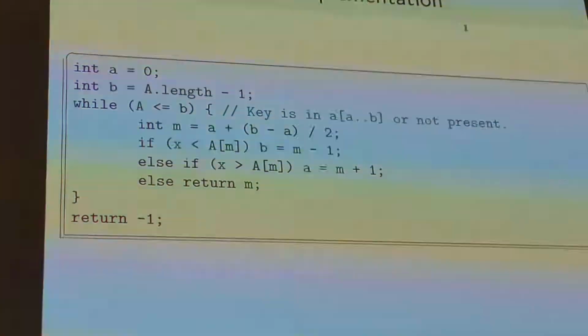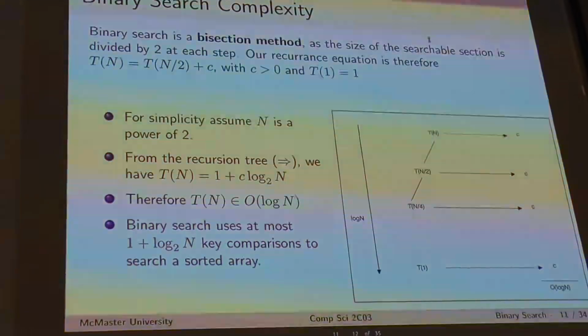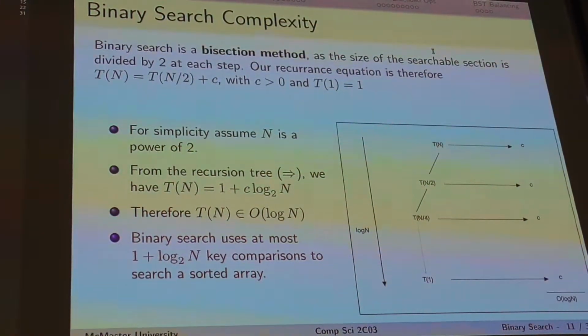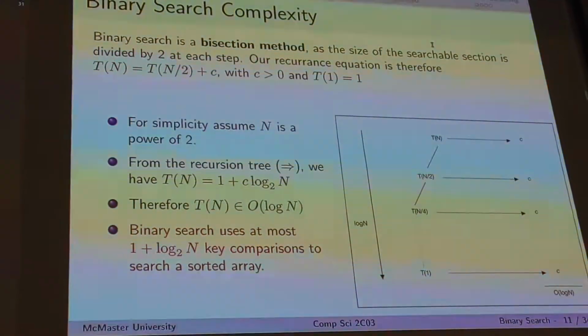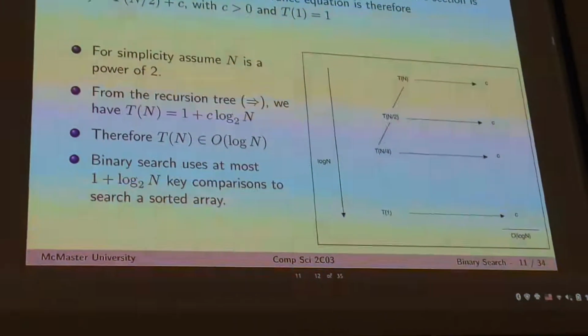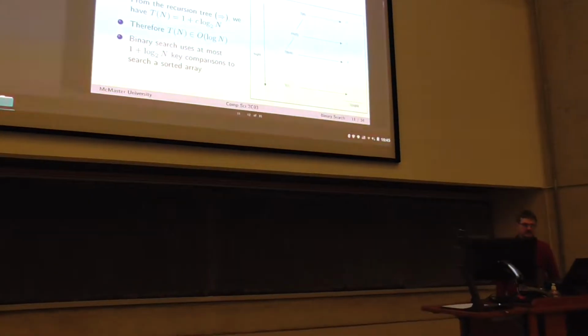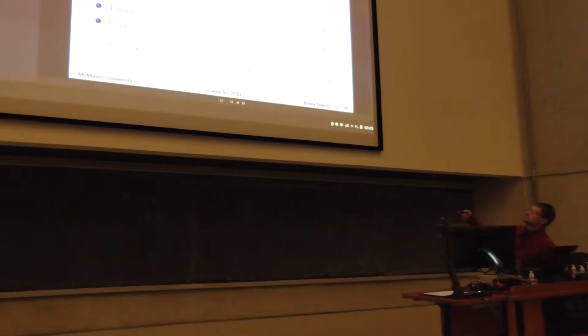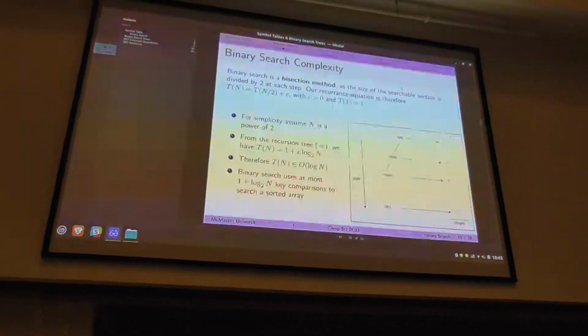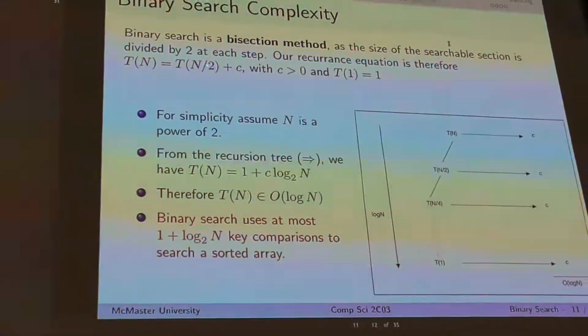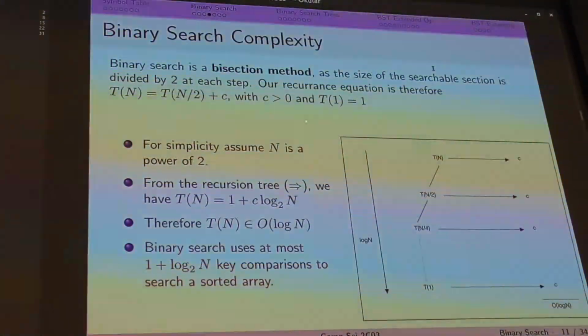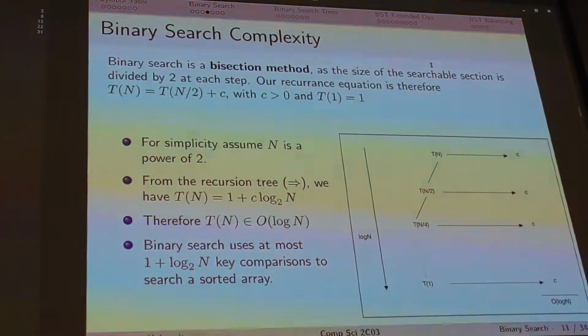Java implementation of the binary search. Binary search is a bisection method. As the size of the searchable section is divided by 2 at each step, our recurrence equation is T(n) = T(n/2) + c, with c greater than 0 and T(1) = 1.